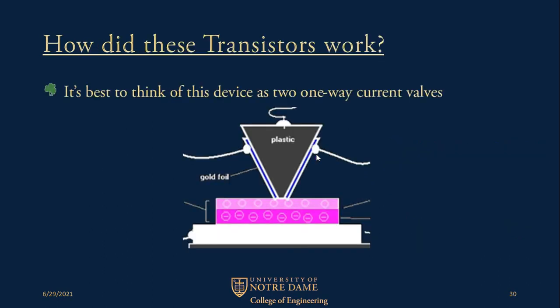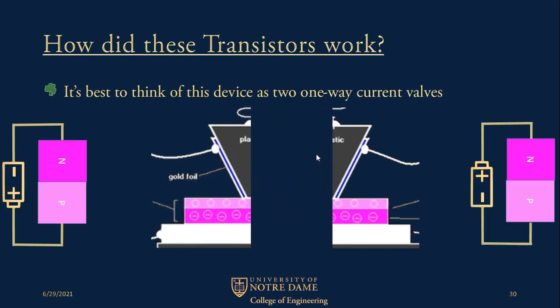So let's compare a diode with an actual transistor. It is helpful to think of the first transistor as two one-way current valves. So let's split it in half. On one side, we hook it up with a positive connected to P and negative connected to N, and we do the opposite on the other side.